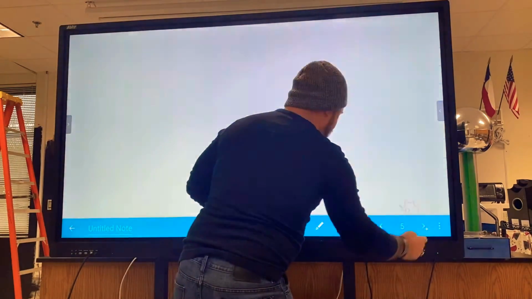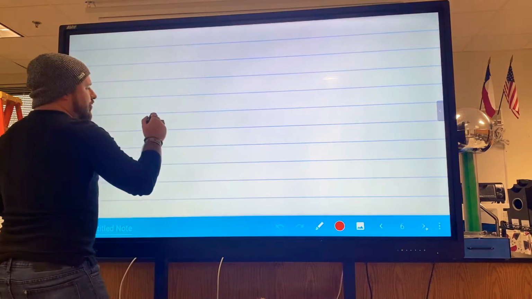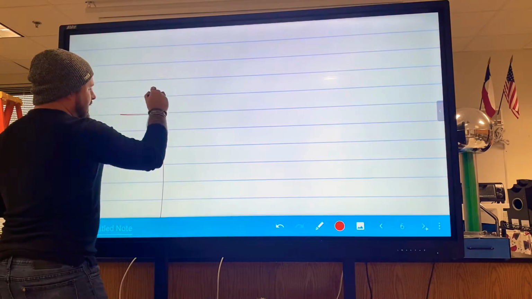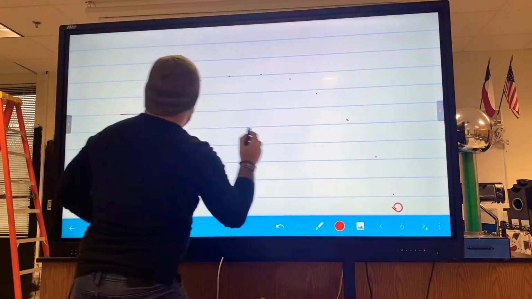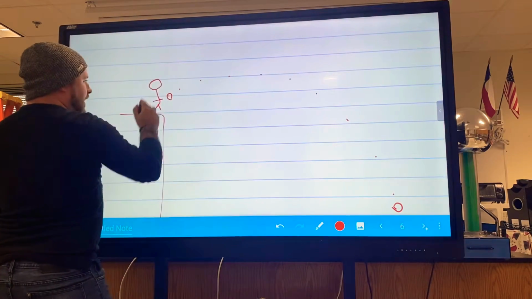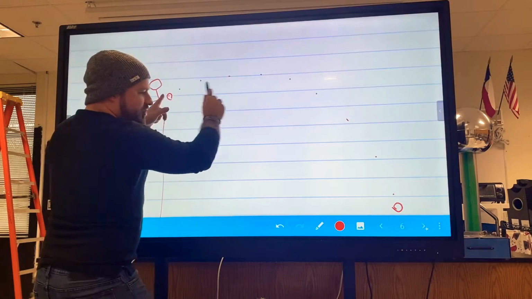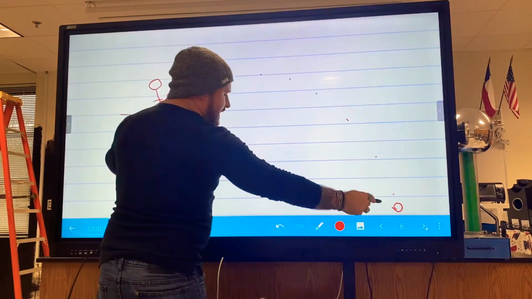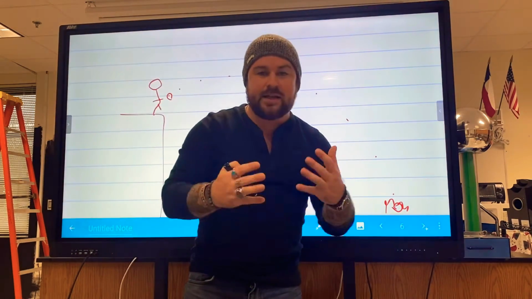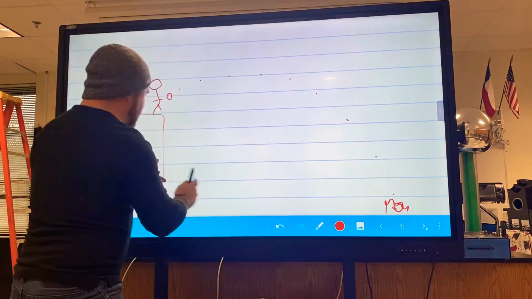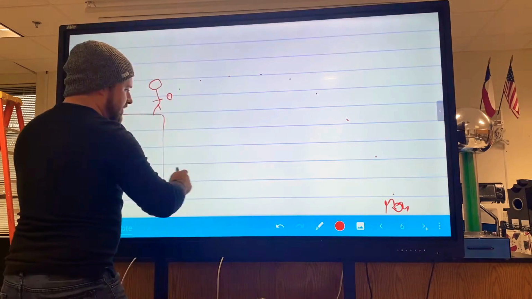Let's talk about this real quick. If I were to throw that rock, and here I am, and I throw that rock, right? This projectile takes a trajectory and hits the ground right here. Well, let's start talking about all the kinematic parts of this, right? Let's talk about it in this direction, right?